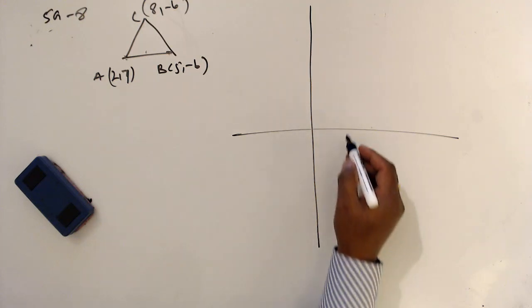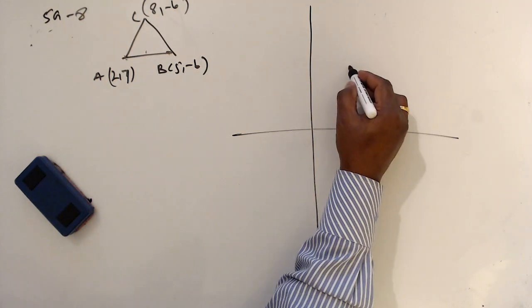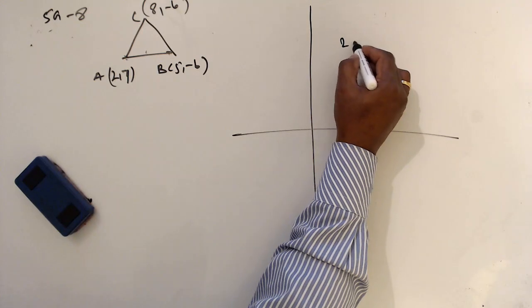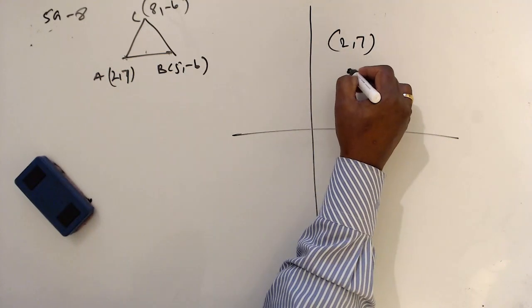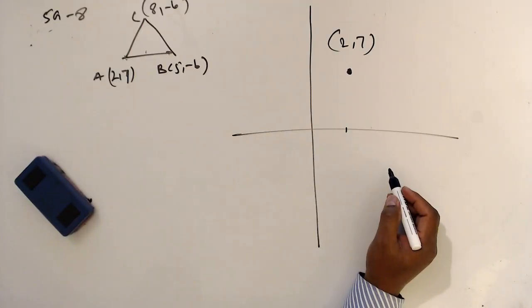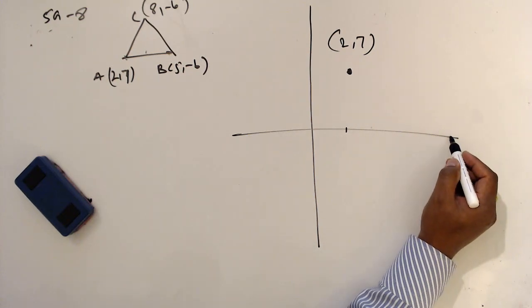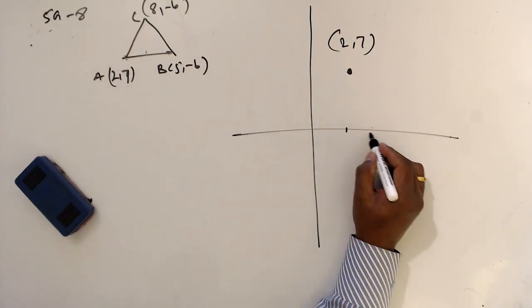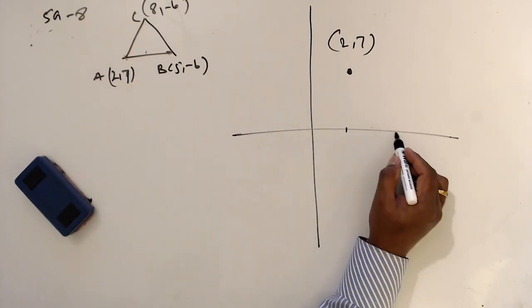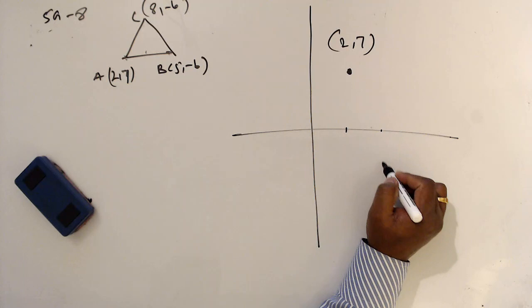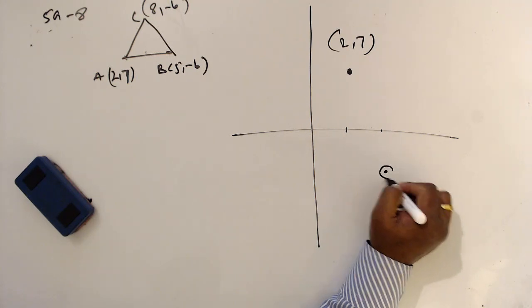So this is going to be 2, 7 somewhere here. Then 8, minus 6, and 5, minus 6 here. This is 2, this is 5, minus 6.